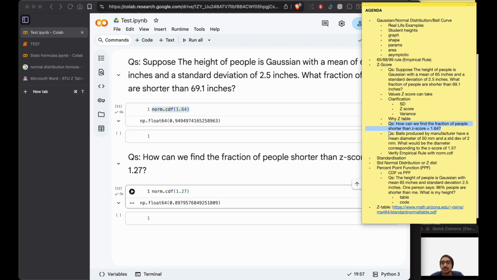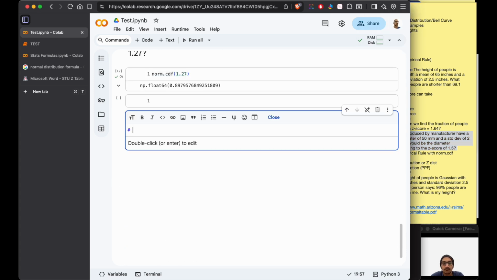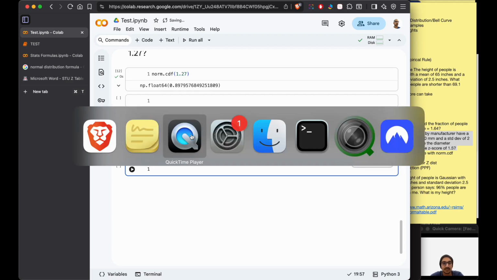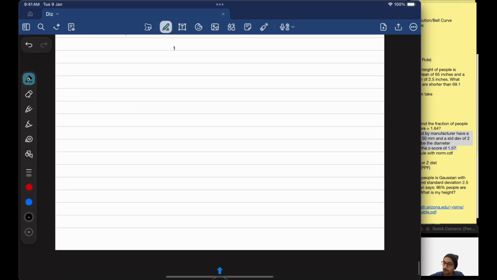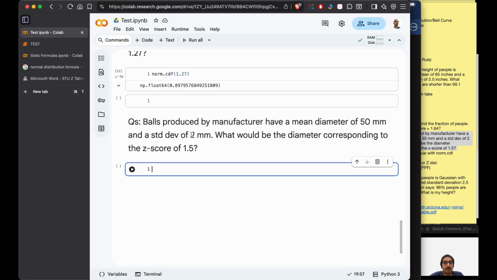Let's solve another question. The question is, balls produced by a manufacturer have a mean diameter of 50 mm. So let me note the values. So the mean is 50, right?